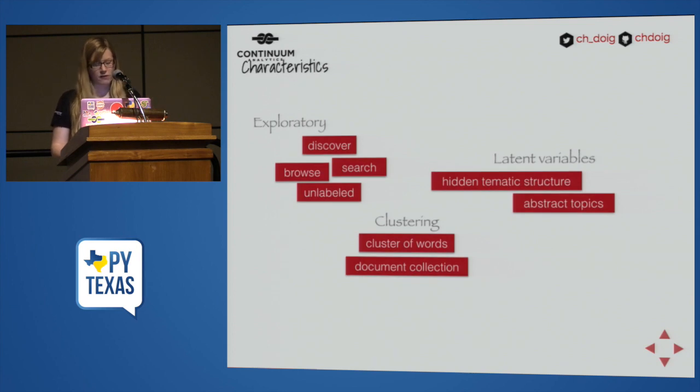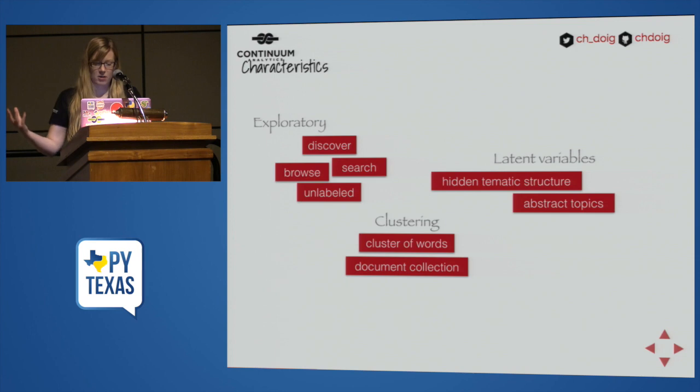If we put together these highlighted words, we can understand the characteristics of topic models. This is exploratory versus predictive. It's on the exploratory side. We want to discover, browse, and search large collections of unlabeled text data.